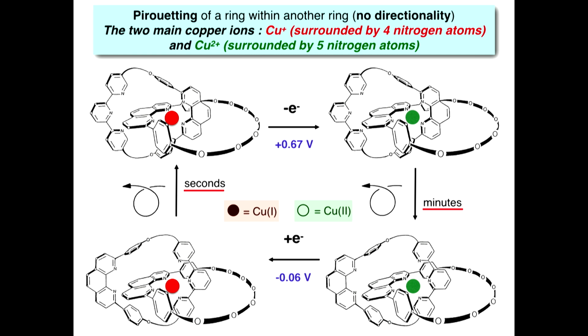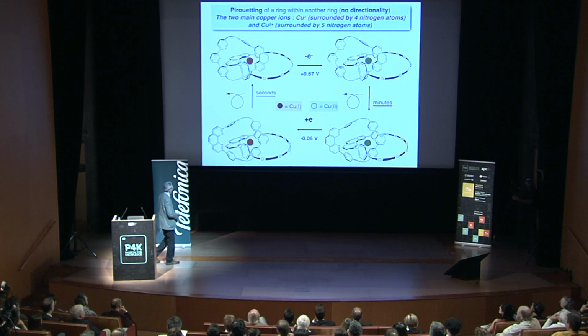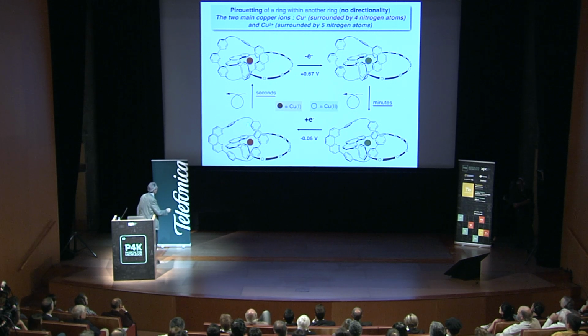The copper 2+ ion is surrounded by 5 nitrogen atoms, a very happy copper 2+ ion. You can go back, you reduce, so you inject an electron in the system, you generate a very unstable species because copper 1+ hates to be surrounded by 5 nitrogen atoms, and you will rearrange and regenerate the starting form of the molecule.